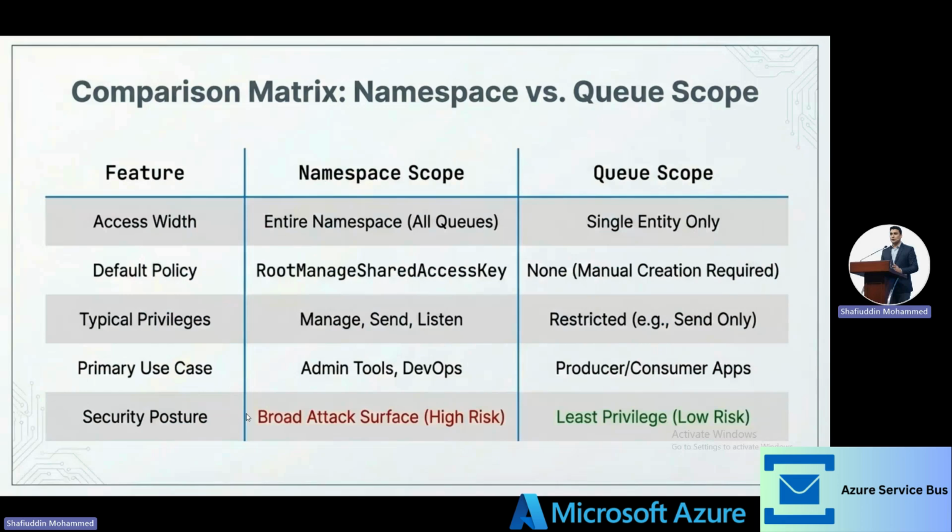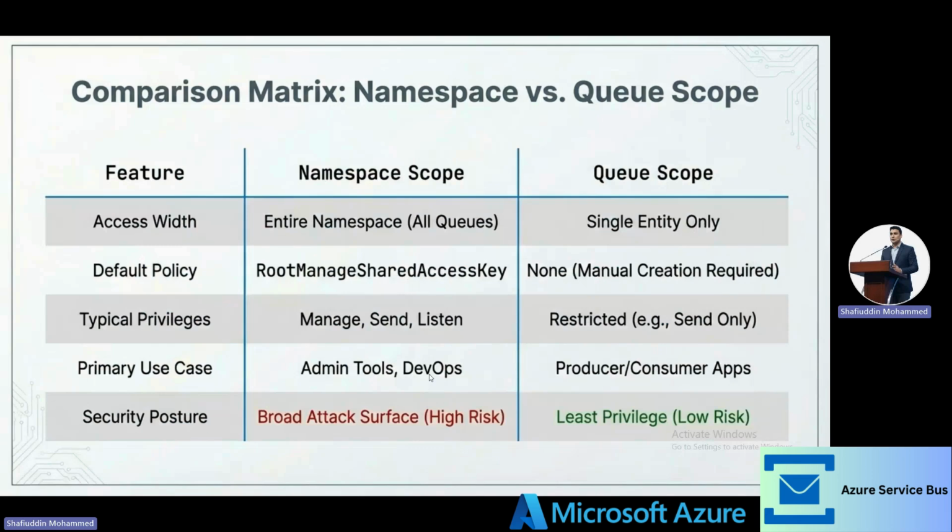Whereas in the queue, whatever connection string we have created, we have control to limit or restrict it to a particular service, a particular privilege, either send, listen or manage. So we have controlling power here, but in the namespace we don't.